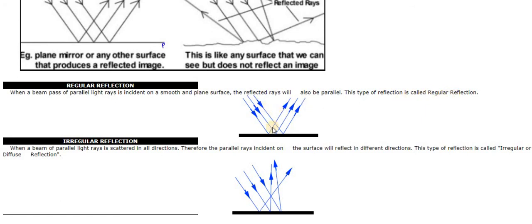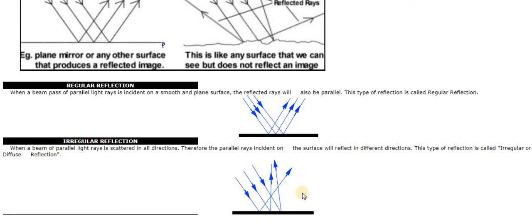And next is irregular reflection. When a beam of parallel light rays is incident on the surface and scattered in all directions, the rays reflect in different directions. This type of reflection is called irregular or diffused reflection.